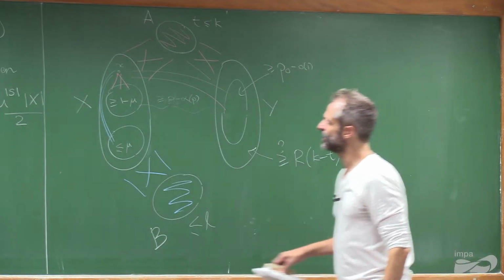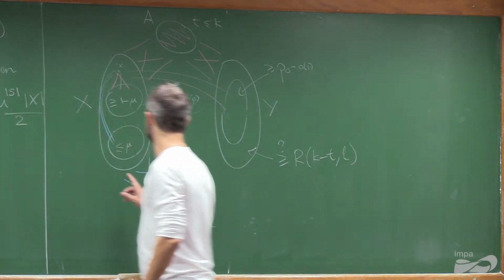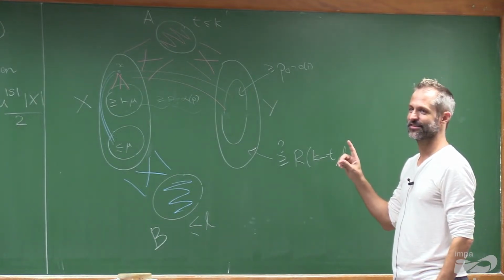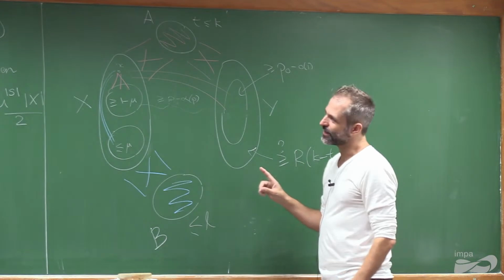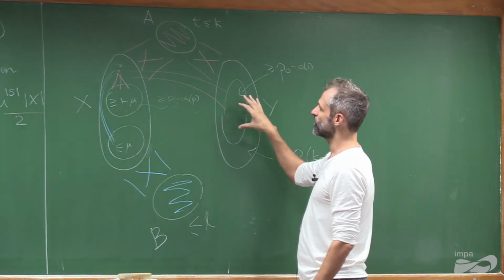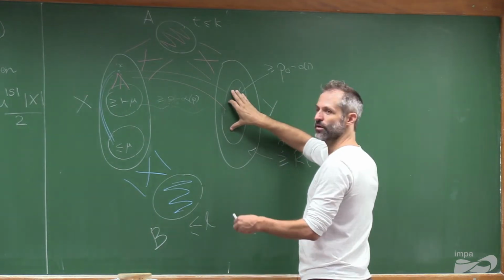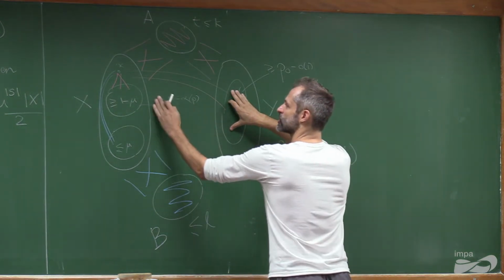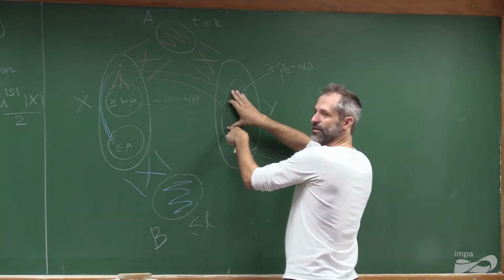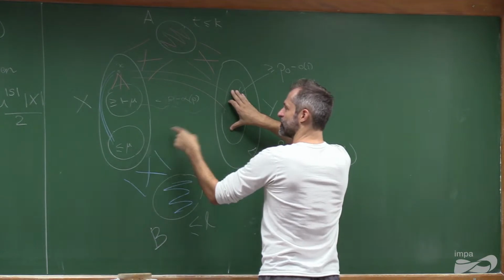Okay, so I glossed over something important, which I'll probably write over there. Why is it true that if you're smaller than p minus alpha between here and here, then you're bigger than p between here and here?